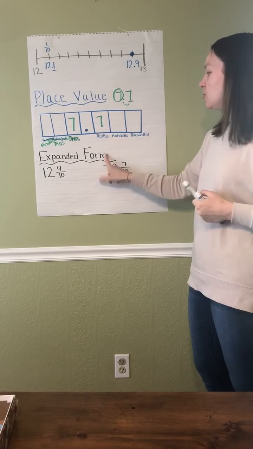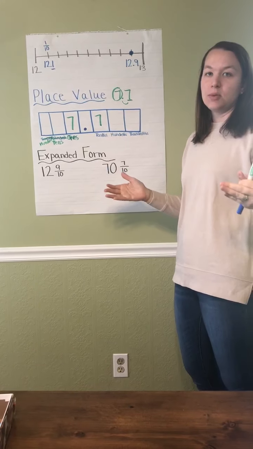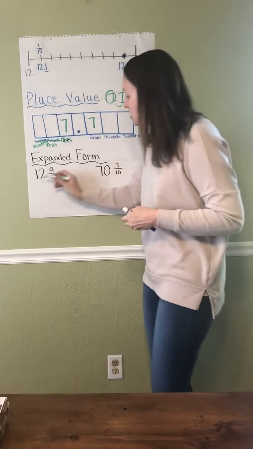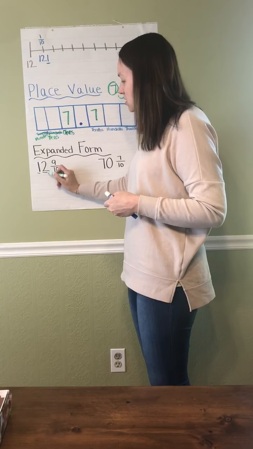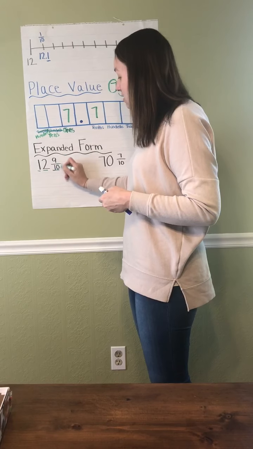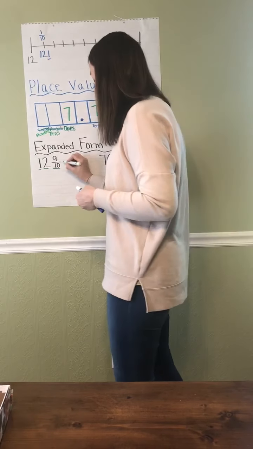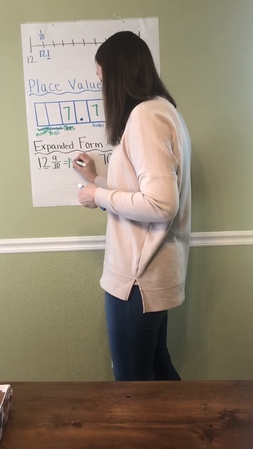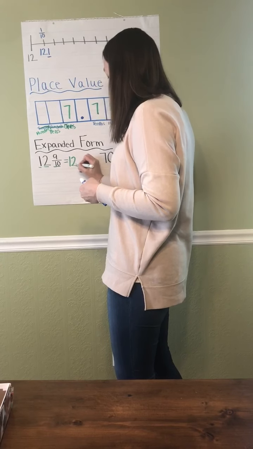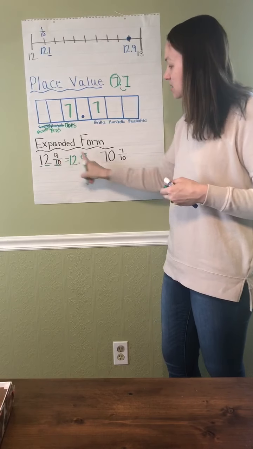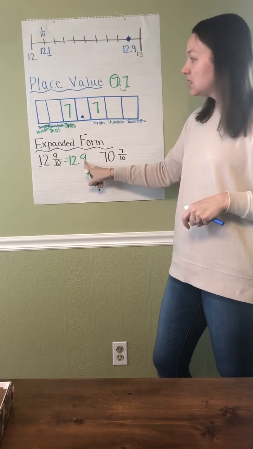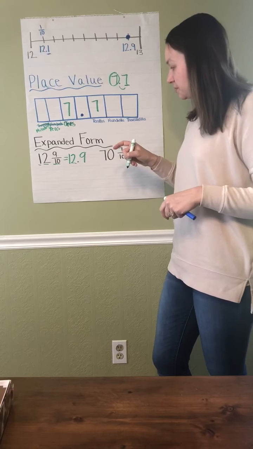Now expanded form. This is the part where you guys seem to have the most trouble. Each one of these is a place value, right? The 1 is in the tens, the 2 is in the ones, and 9/10 is really our decimal. So if I was going to write this as a decimal, it would look like 12.9, because that 9/10 is showing 9/10 in our place value chart.